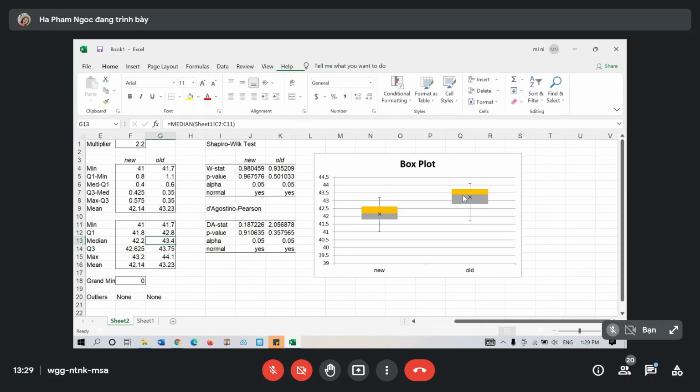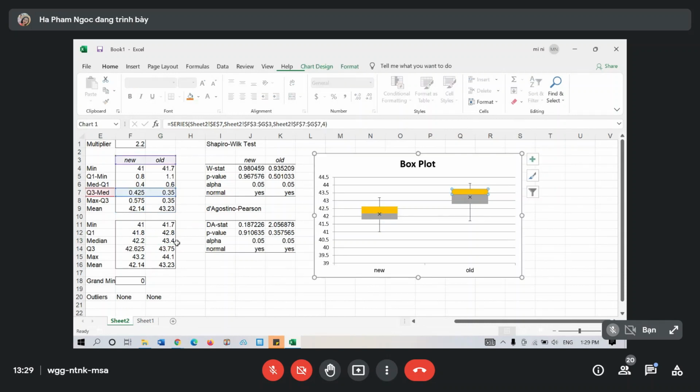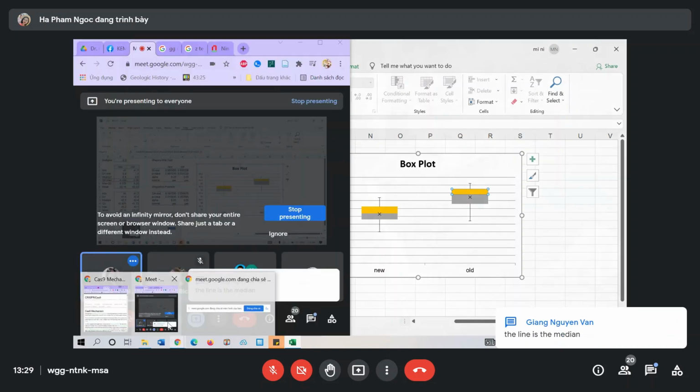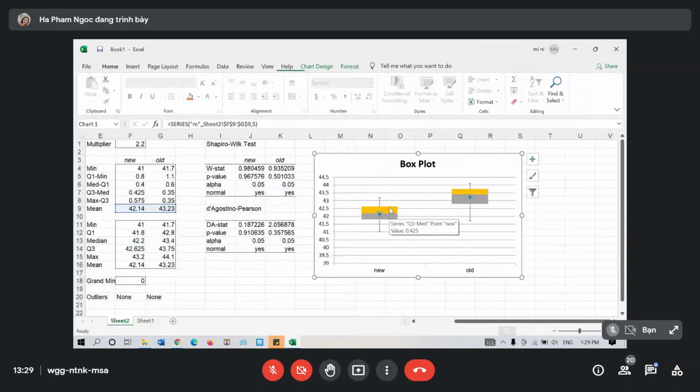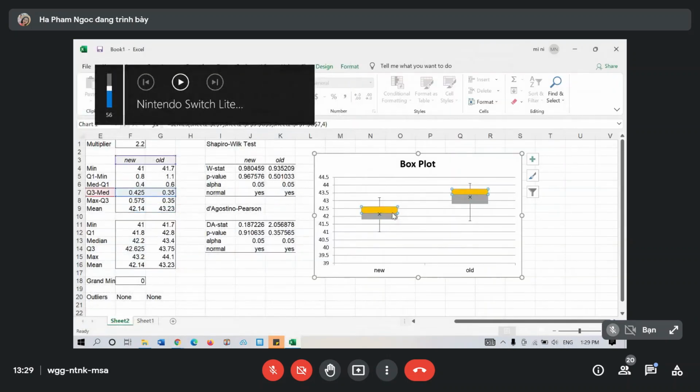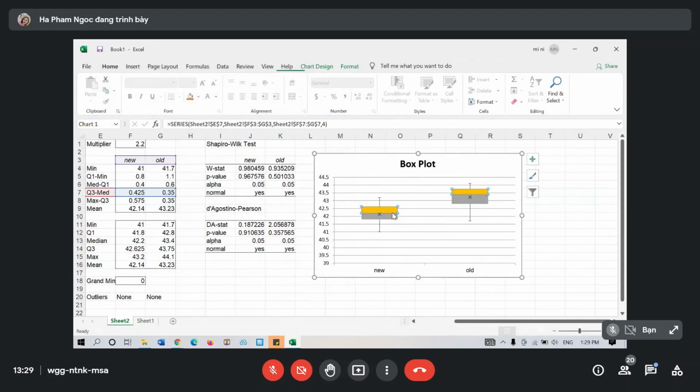I think it is the median. Yes, the middle line is the median.